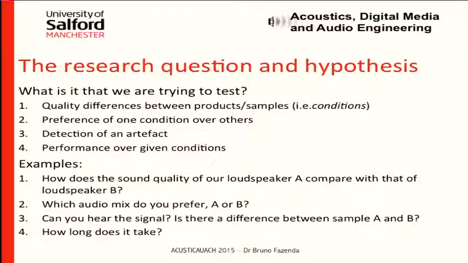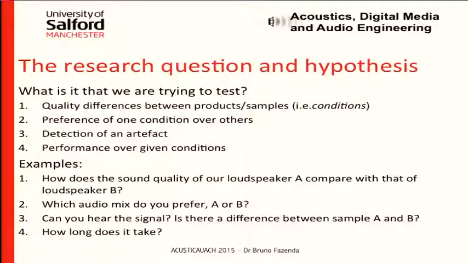Or we might be talking about preference of one condition over another. Say loudspeaker A over loudspeaker B, or MP3 over AAC, or Apple over Microsoft. That kind of thing. We might be looking for the detection of an artifact. Can people detect my filter in the perceptual codec?